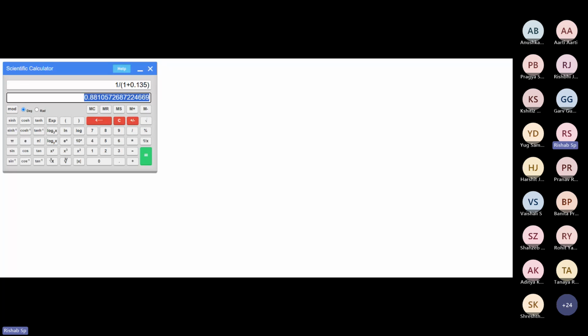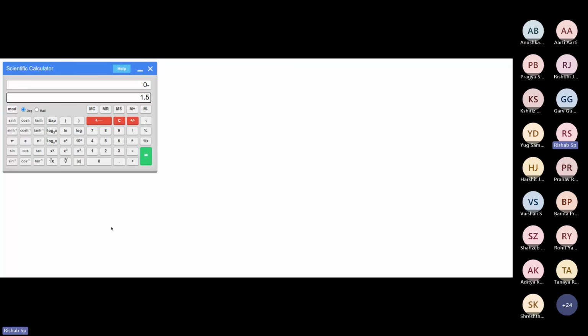I'll note it down right now, because I can't share 2 screens at a time. Next, we have the second case where we got the linear regression value as 1.5. Simple. First, minus 1.5.